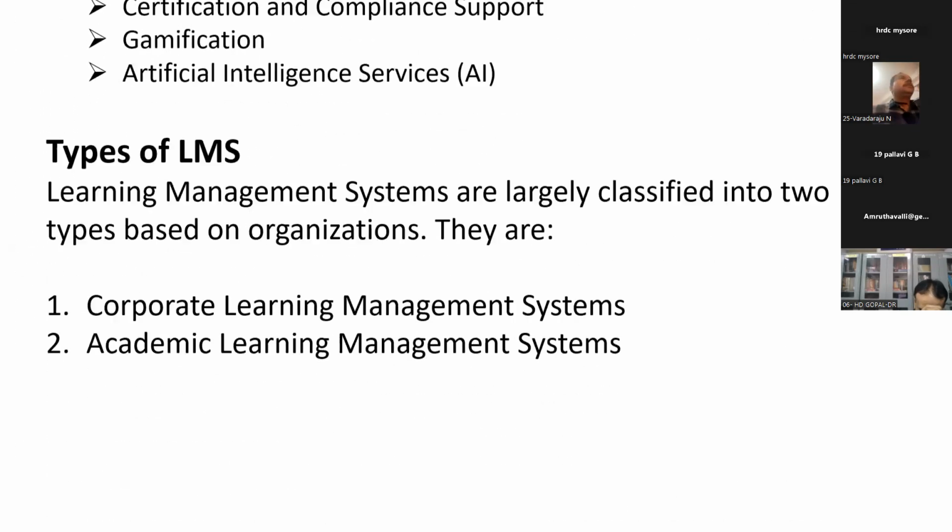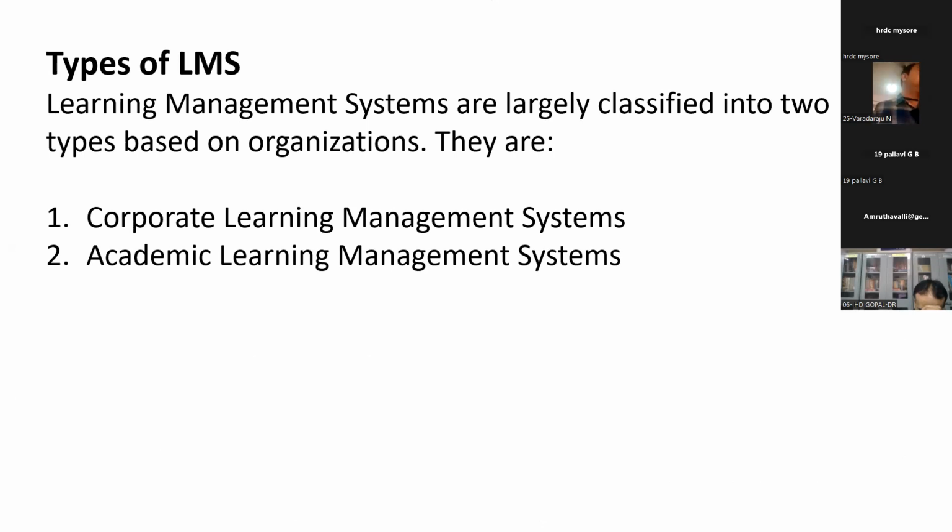These are some of the advanced technical issues, like the type of LMS: corporate learning management system and academic learning management system. There are two clear dimensions. A corporate learning management system cannot be used as an academic learning management system.